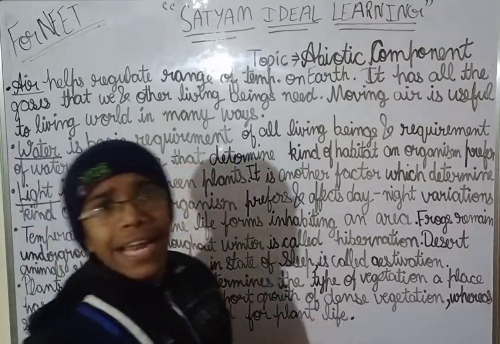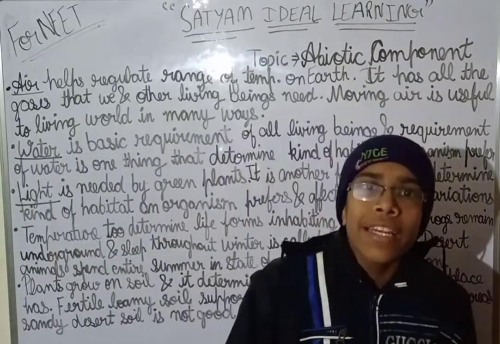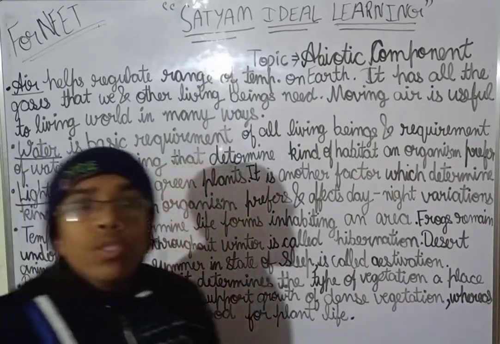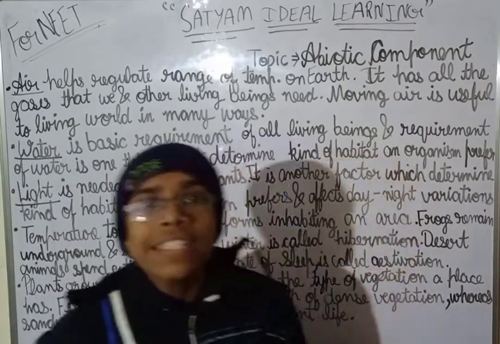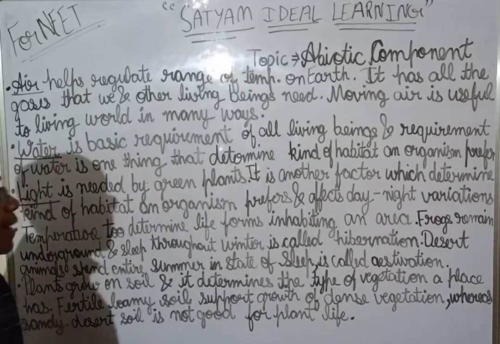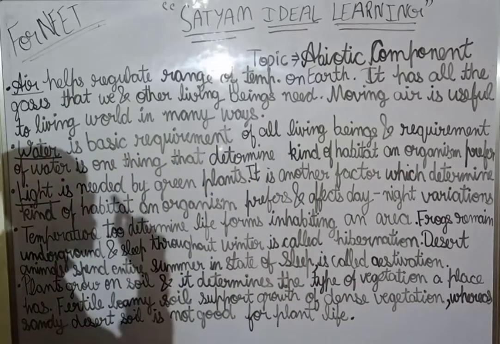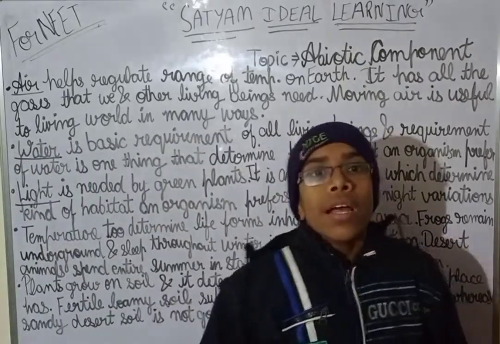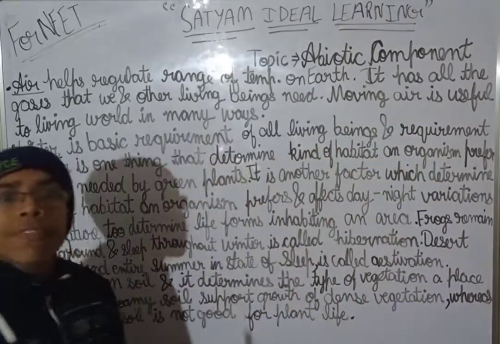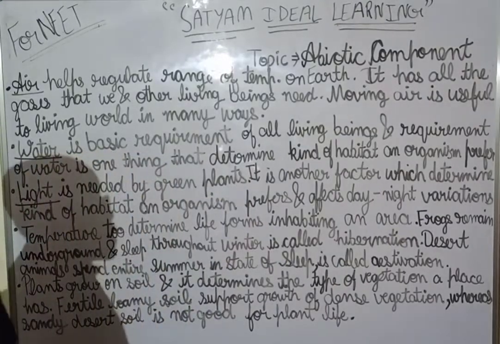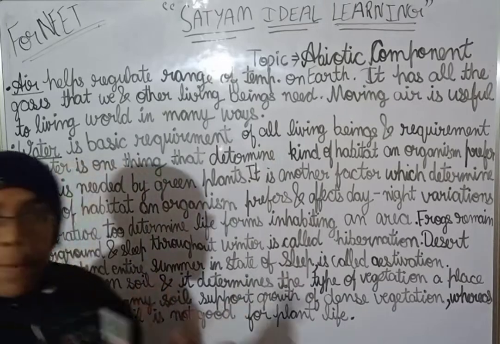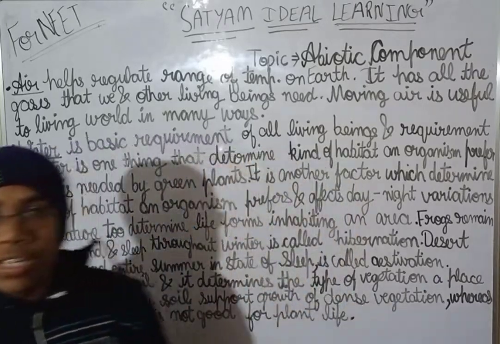Now why do they need light? Green plants need light so that they can make their food with the help of photosynthesis. Through photosynthesis they make their food in the presence of what? In the presence of light and chlorophyll, with the help of carbon dioxide and water.